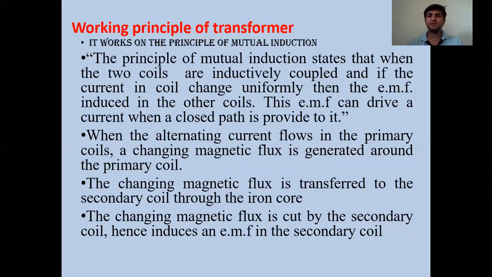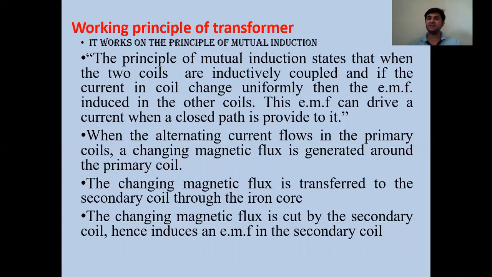The principle of mutual induction states that when two coils are inductively coupled and the current in one coil changes uniformly, then an EMF is induced in the other coil. This EMF can drive a current when a closed path is provided to it.